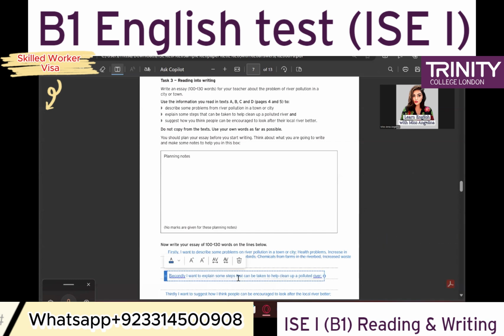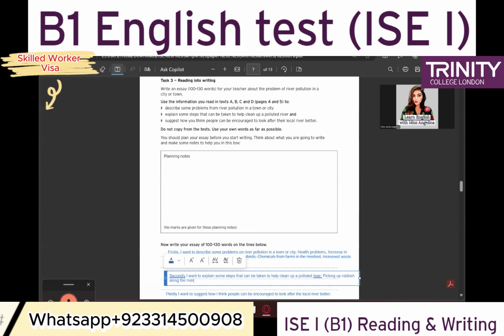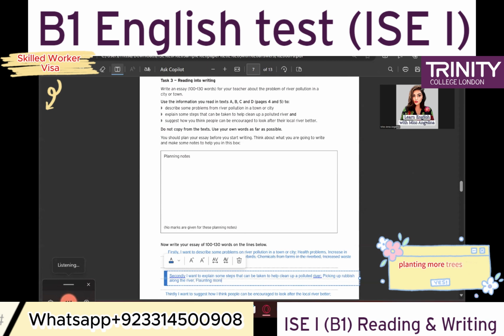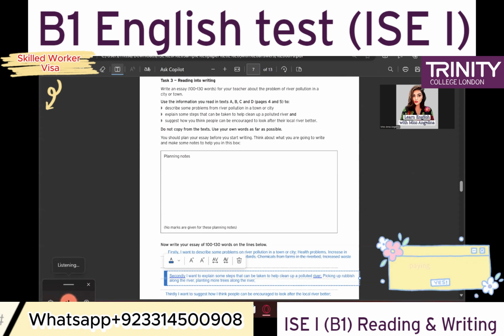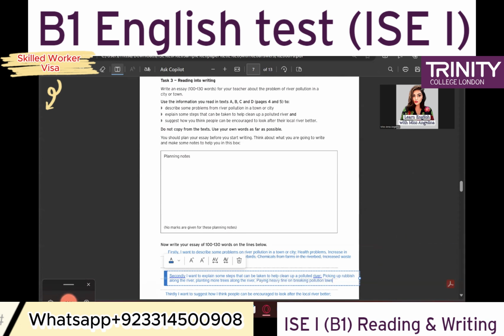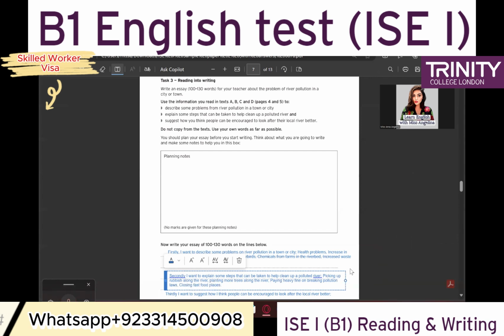Then next, picking up rubbish along the river, planting more trees along the river, paying heavy fines for breaking pollution laws, closing fast food places.